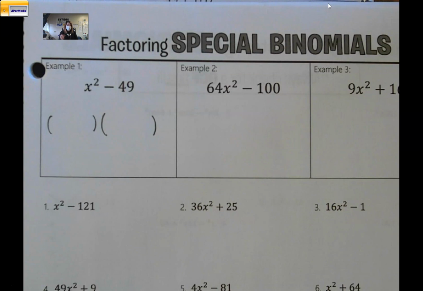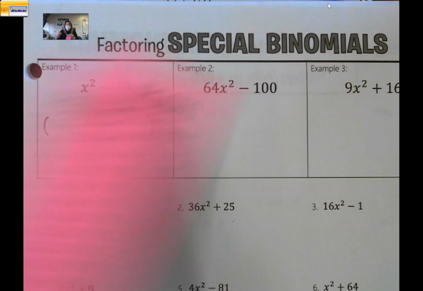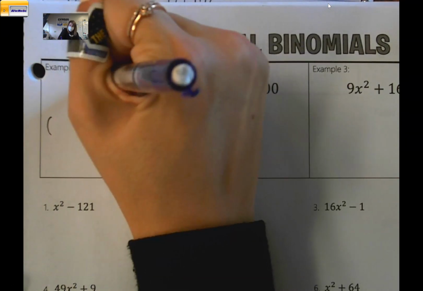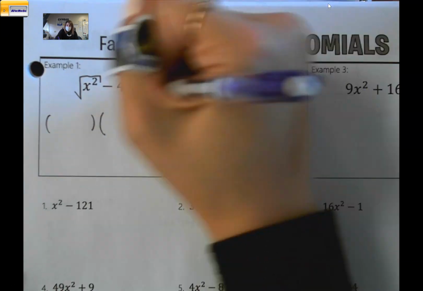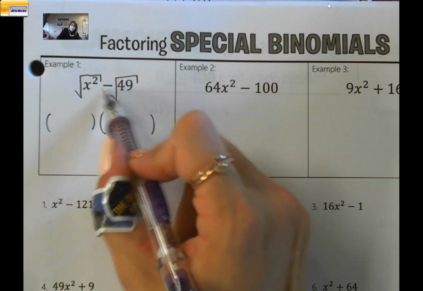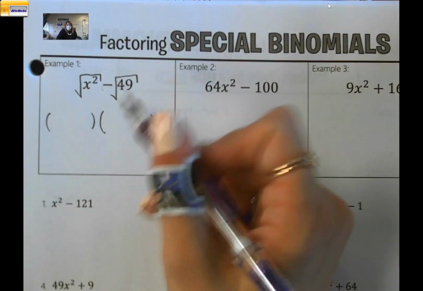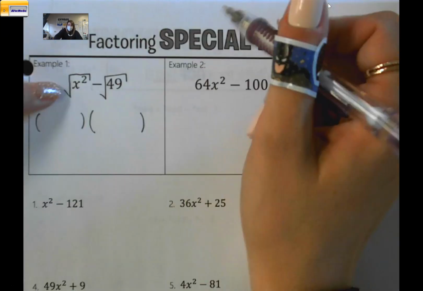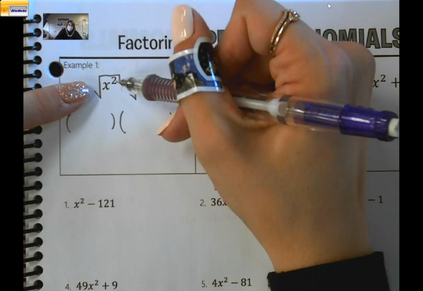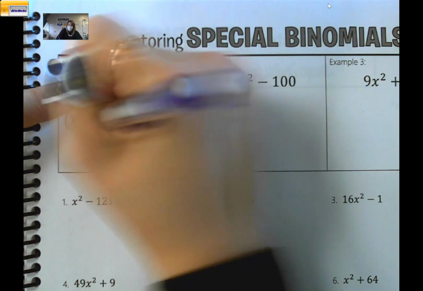So I already previewed this for you. The reason these are special binomials is because they all include roots. So all you have to do to factor these is take the root of the first term and the root of the second term. You don't include your symbol, you just include the number. So then we could go to our pink sheet if we wanted to. X squared has a root of x, and because this is in the first position, that's where you put it in your answer.